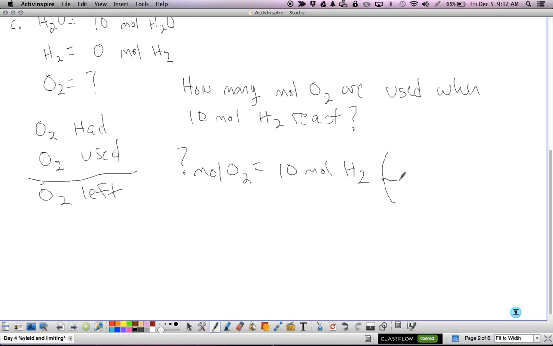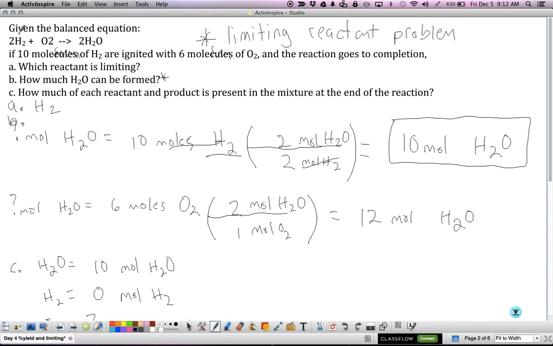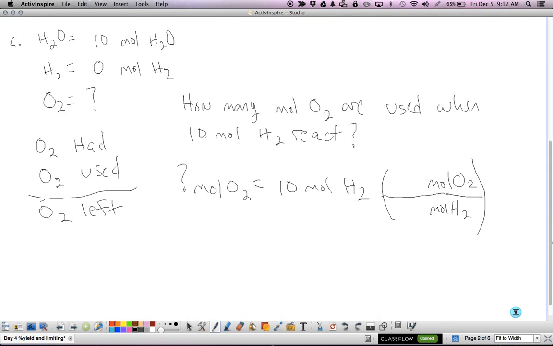Okay, and I can set up my stoichiometry. Moles H2, moles O2. Okay, and I can go back up to the top. There are 2 moles of hydrogen for every 1 mole of oxygen. So that means that I'm going to use 5 moles of oxygen.